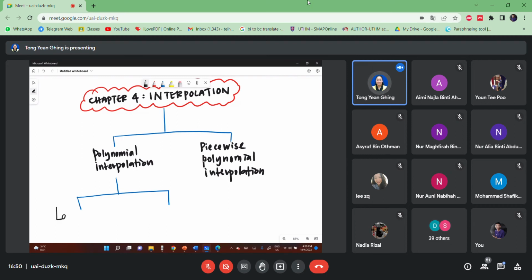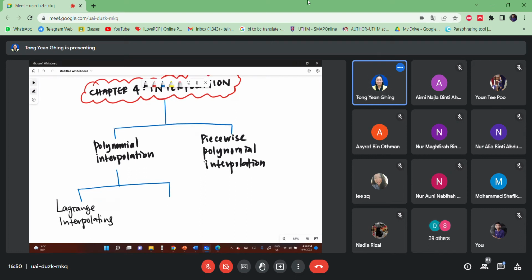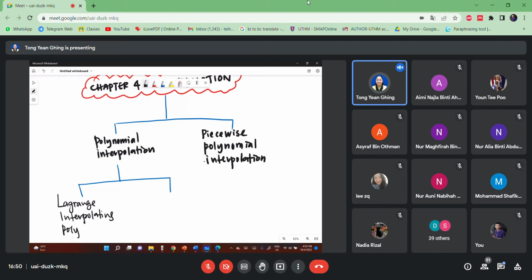One is Lagrange interpolating polynomial, and then the second one is Newton divided difference method.